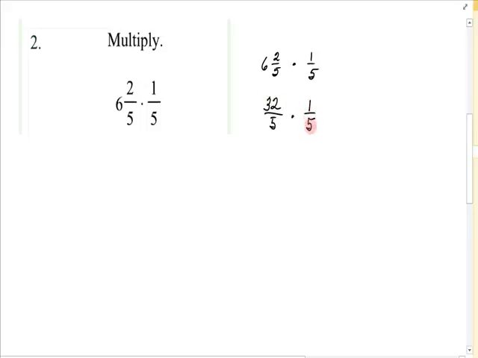Remember that in order to reduce, I look on the diagonals and I look up and down, and there's nothing I can divide out. Multiply 32 times 1 for 32, multiply 5 times 5 for 25. I have the improper answer, but in this lesson I have to change it to a mixed number.